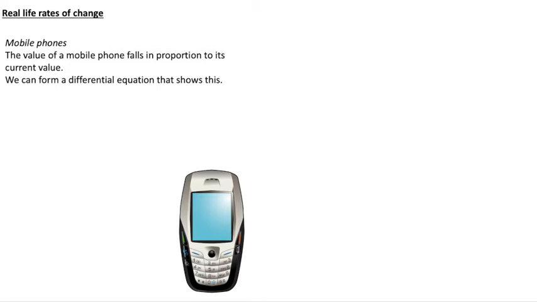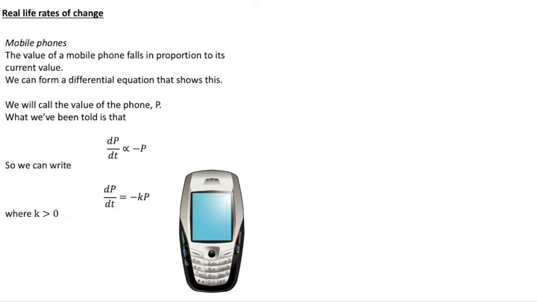Okay, so it might halve in a certain length of time, in a similar way to radioactive decay, in fact. So we can form a differential equation that shows this. We call the value of the phone P. And what we've been told is that dP/dt is proportional to −P, because it's going down. And that means we can write dP/dt = −kP, and because we know it's going down, we can say k > 0.